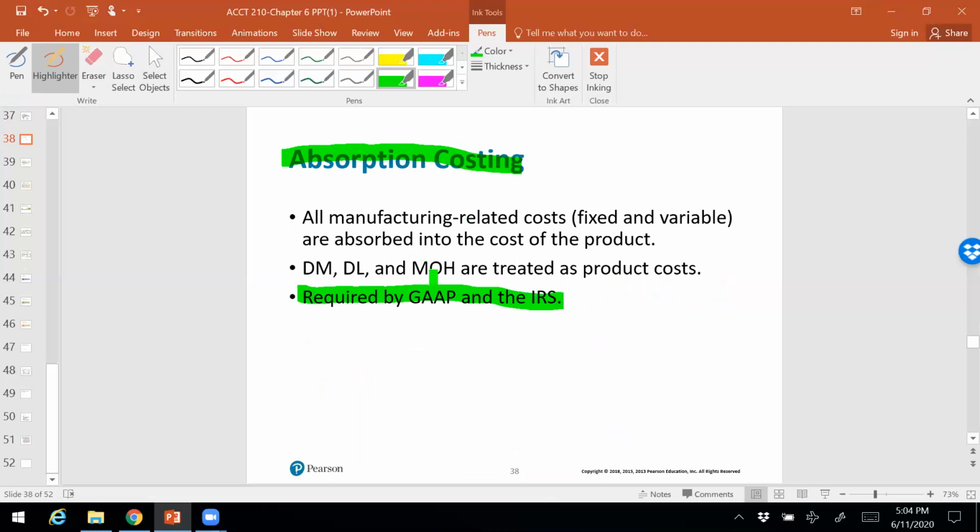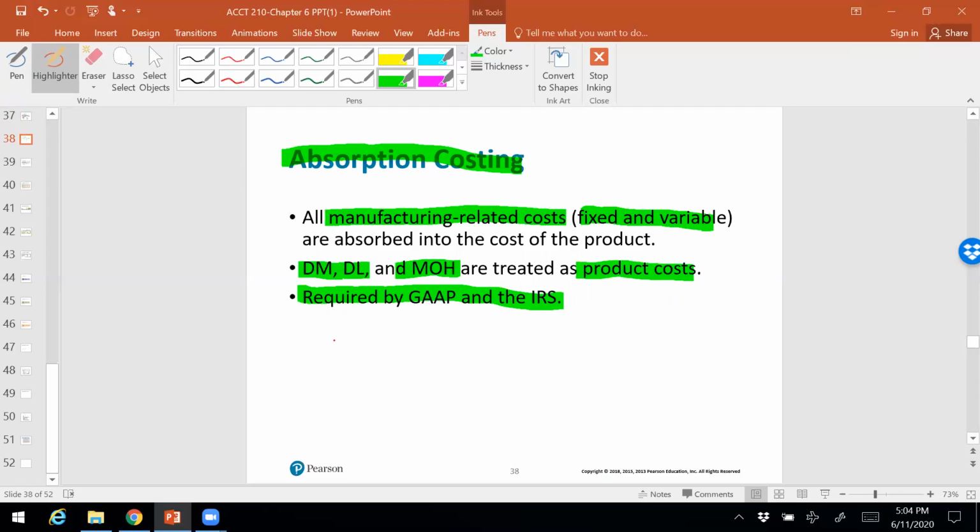So we said all the manufacturing related cost, no matter it's fixed or variable, as long as it's manufacturing cost, what? Direct material, direct labor, and manufacturing overhead, right? So all these three parts, they will be our product cost.